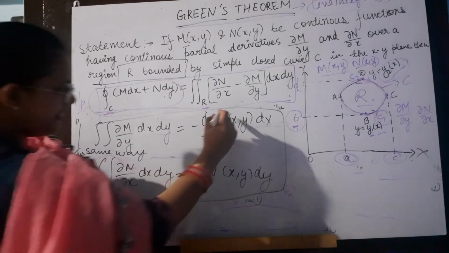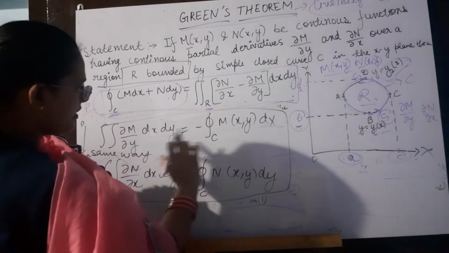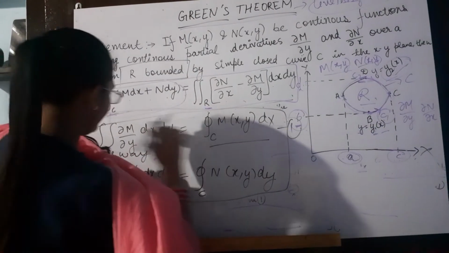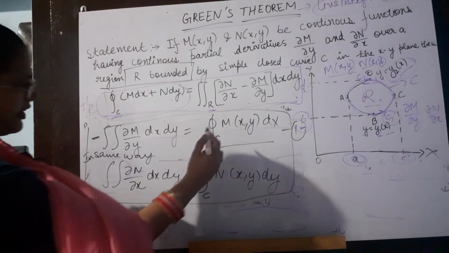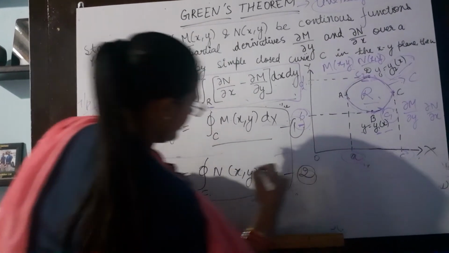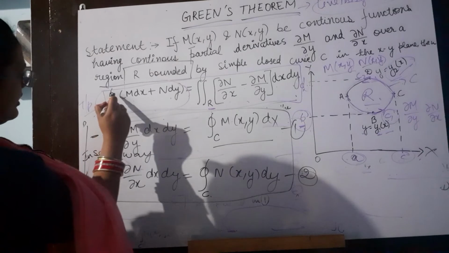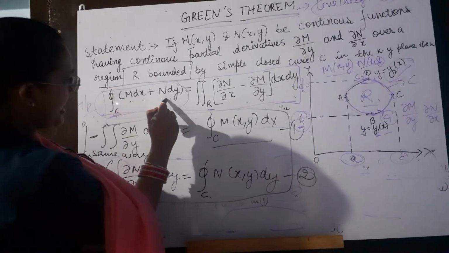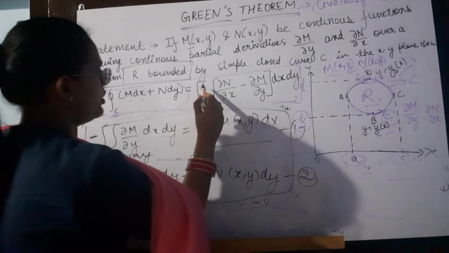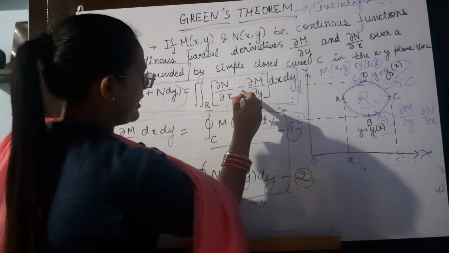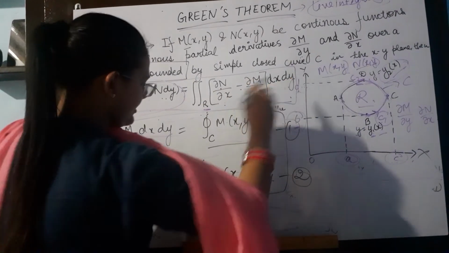When we add both equations, we get the line integral over curve C of M dx plus N dy equal to the double integral over region R of (∂N/∂x minus ∂M/∂y) dx dy.